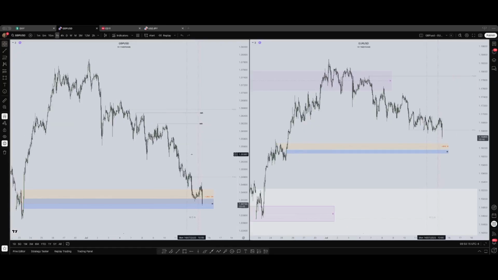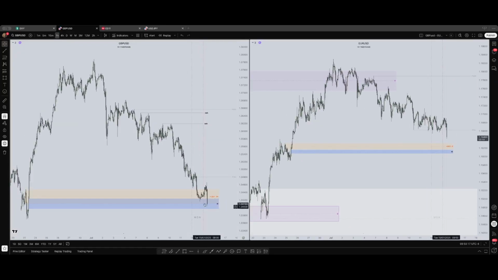And yeah, I'm very interested in seeing price, for example GBPUSD, from here going higher. I'm very interested in these relative equal highs here, and also this trend line that people will think is holding the price, but it's not holding anything.